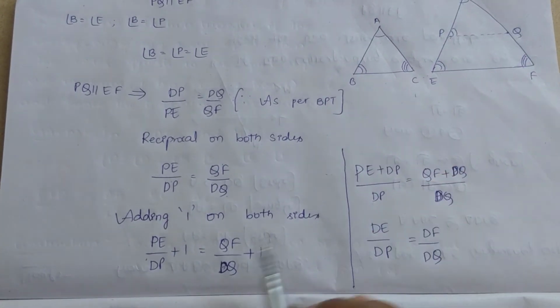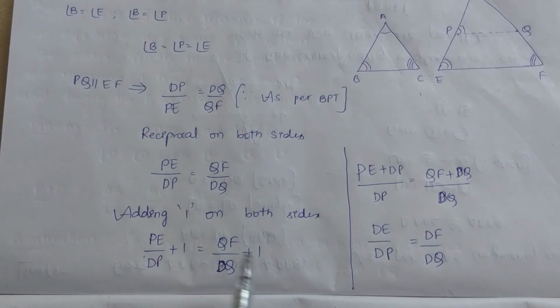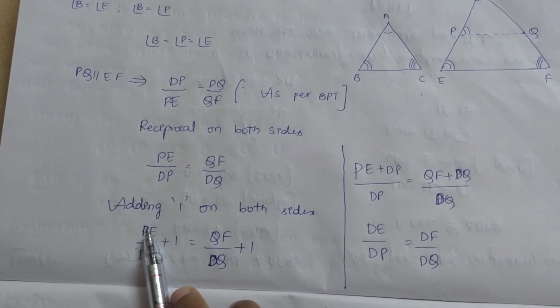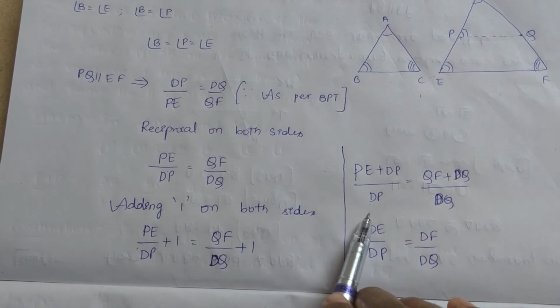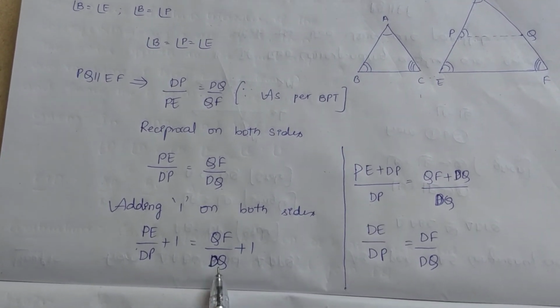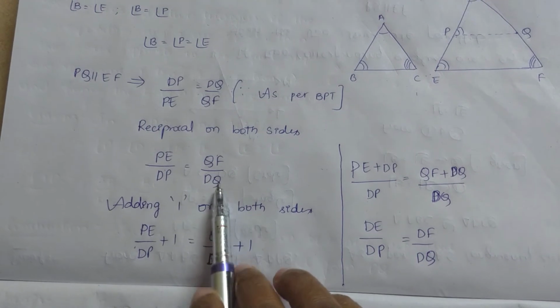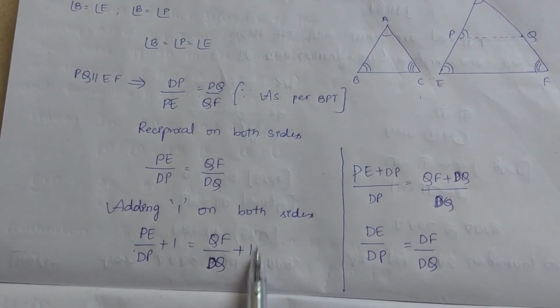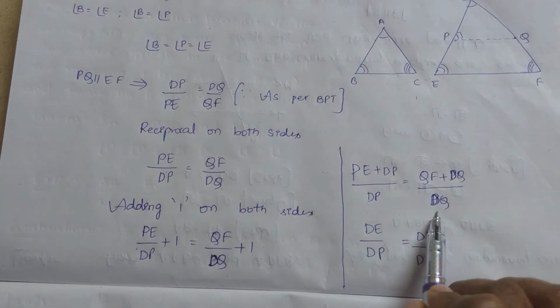After that, I added 1 on both the sides and simplified. So PE plus DP by DP equals QF plus DQ by DQ, because QF by DQ plus 1 is QF plus DQ by DQ.